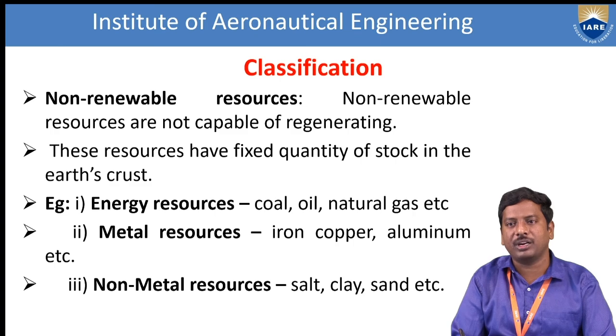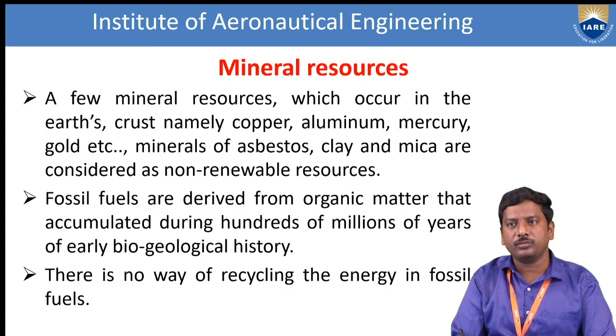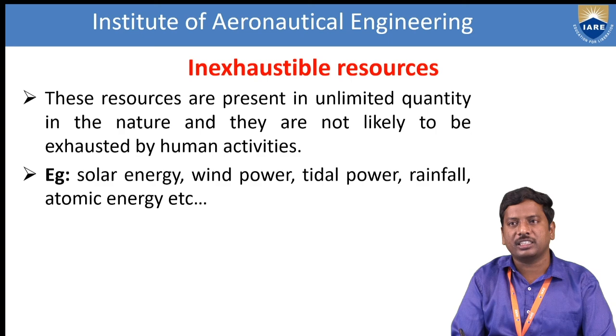After that we see non-metal resources, involving silica related compounds like clay and sand and salts. After that we see mineral resources like copper, aluminum, mercury, gold. Then inexhaustible, that means unlimited resources: solar energy, wind power, tidal power, rainfall, atomic energy.